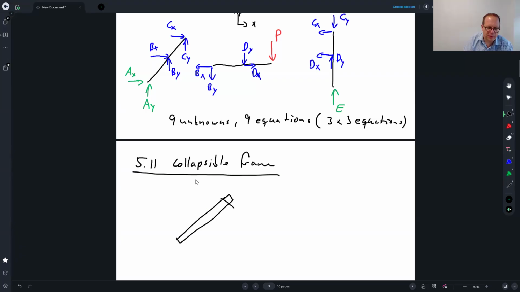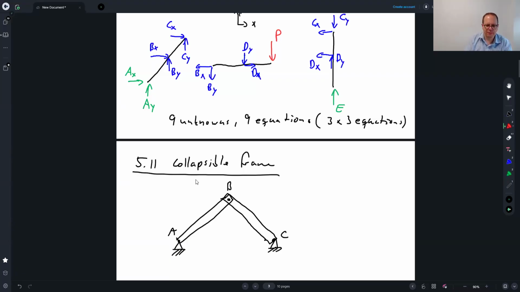Right there. And right there. Connected by a pin up top here. And then held by a hinge on both sides. And we'll say this is A, this is B, and that's C.